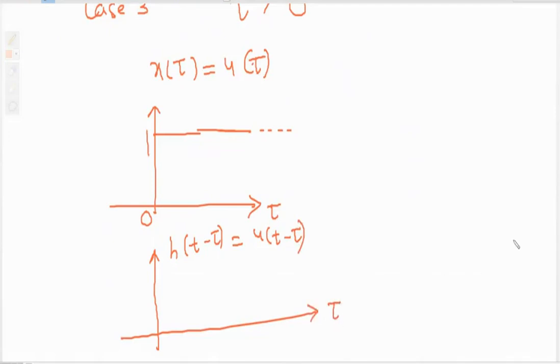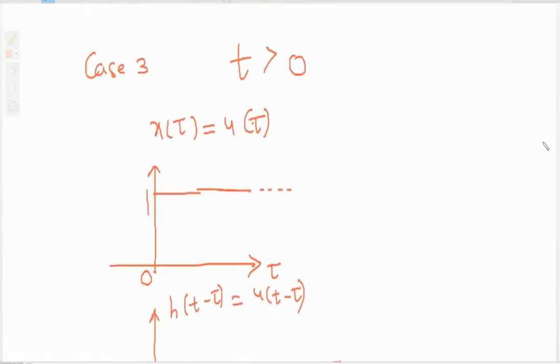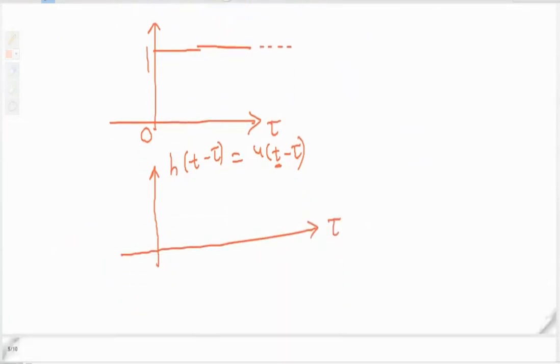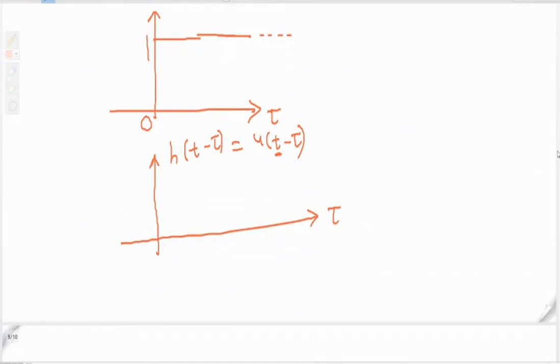Now see, here our case is that t is greater than 0, and we are sketching the signal u of t minus tau. So t is greater than 0, my signal will start from the positive side, and it will go towards the left side because of folding. Amplitude is 1.